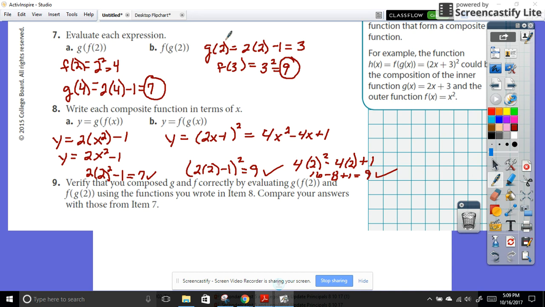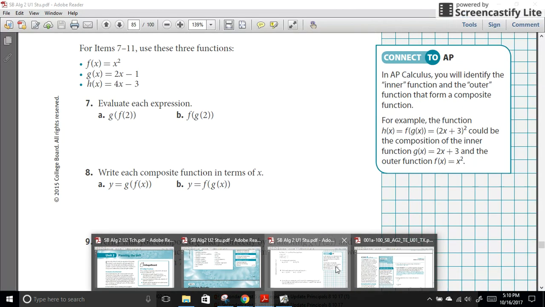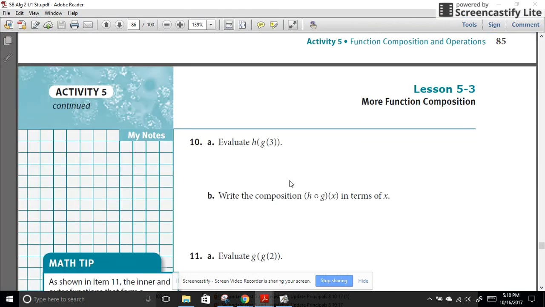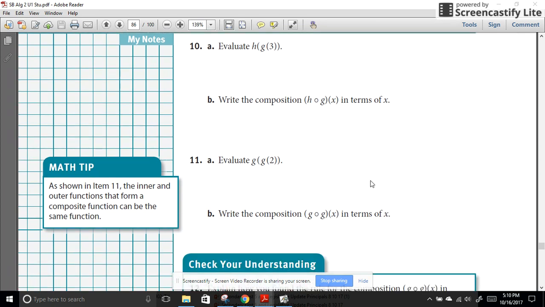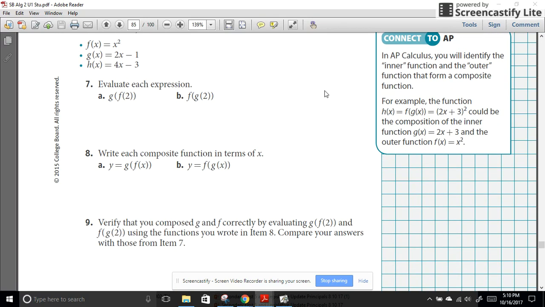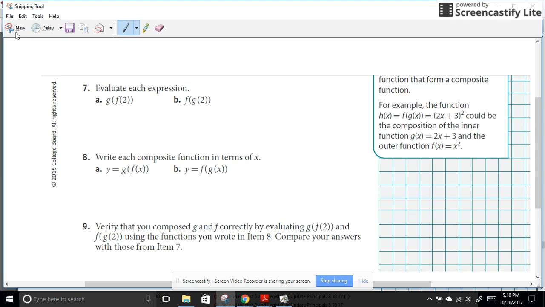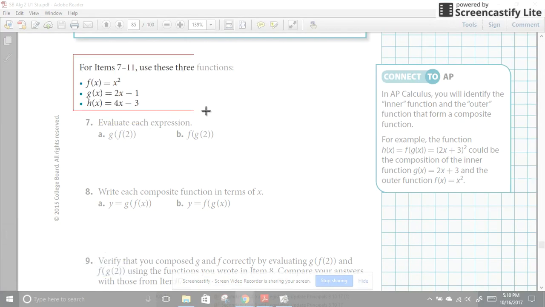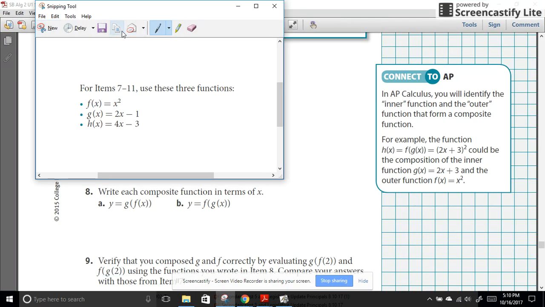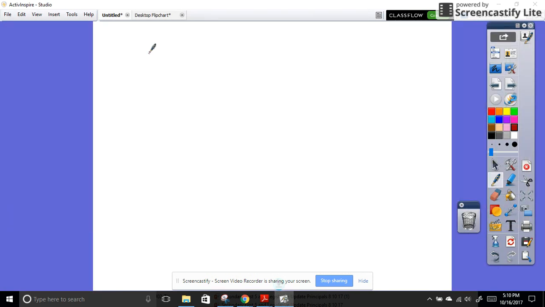Okay, I'm going to jump back over here real quick and see what else is left. We did number 9. Number 10 wants us to evaluate g of 3. Okay, so I need to go back up here. I'm going to copy and paste this real quick.